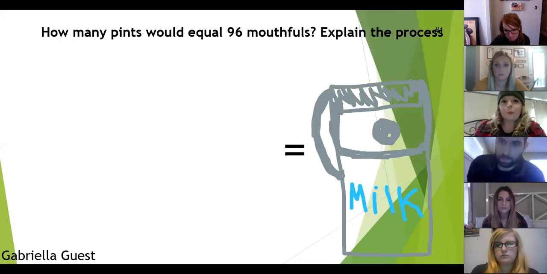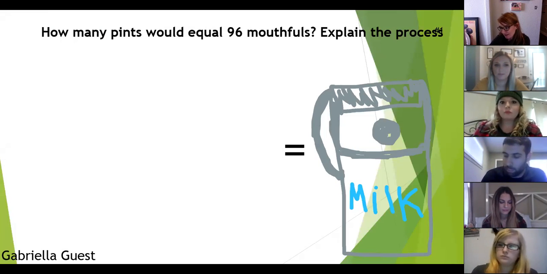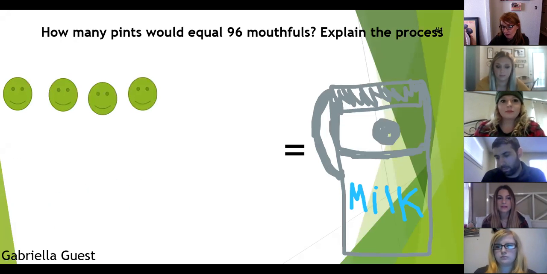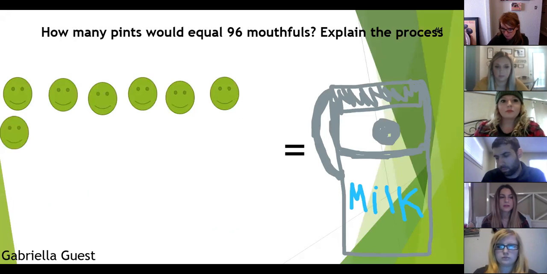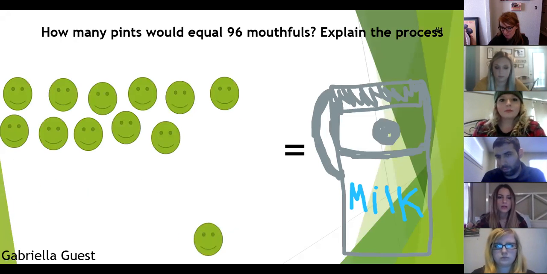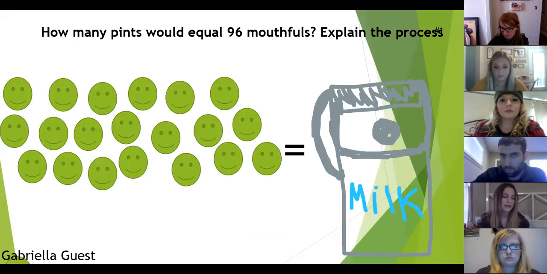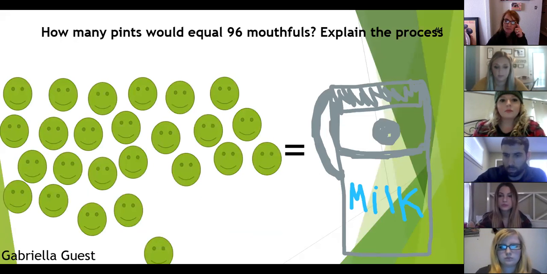Gabby, I have a question for you. How many pints would equal 96 mouthfuls? Okay, so the first thing you need to know is how many mouthfuls equals 1 pint. These little smiley faces represent a mouthful, and all you got to do is just count up all of the little smiley faces, and it comes up to be 32.